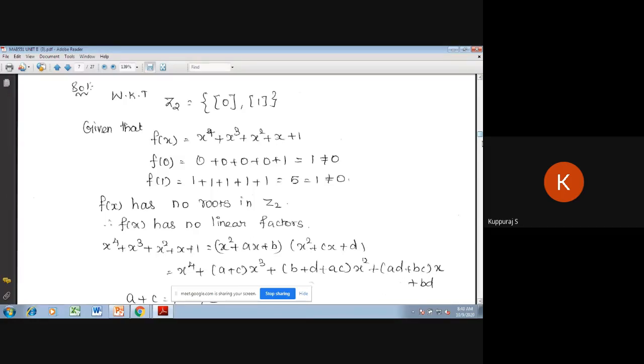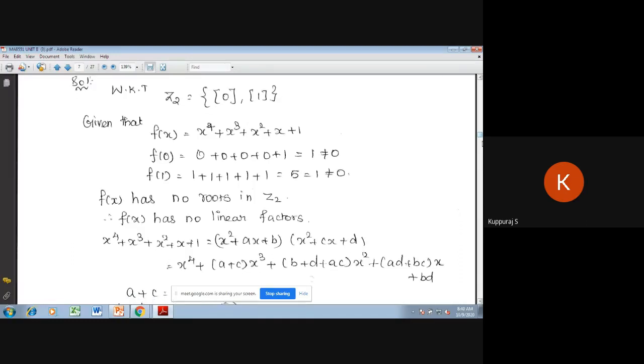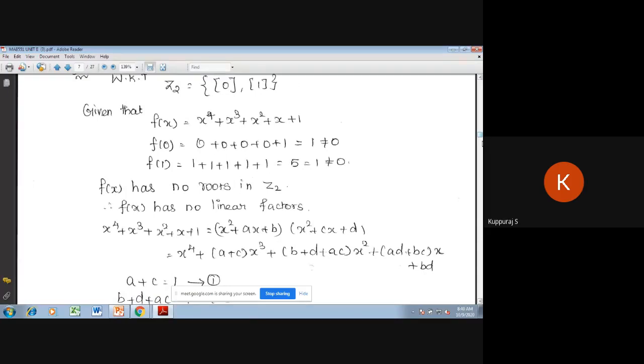That's why we consider x power 4 plus x cube plus x square plus x plus 1 equal to x square plus ax plus b into x square plus cx plus d. Multiplying these two assumed quadratic expressions, we get x power 4 plus a plus c into x cube plus b plus d plus ac into x square plus ad plus bc into x plus bd.